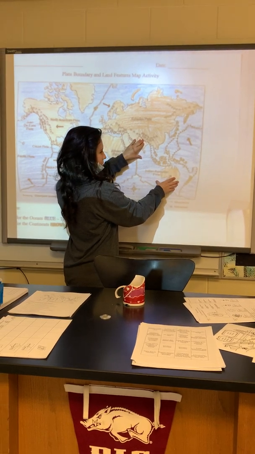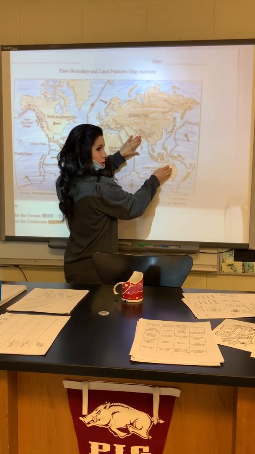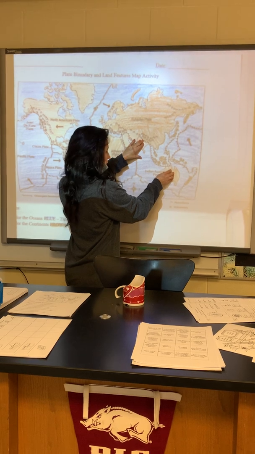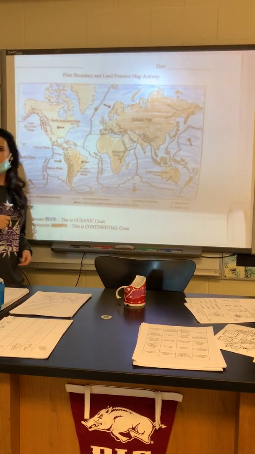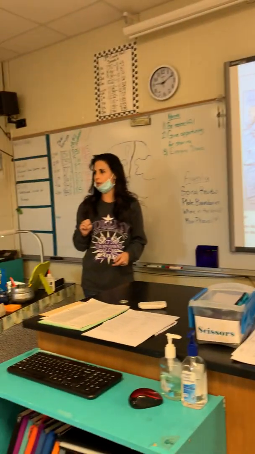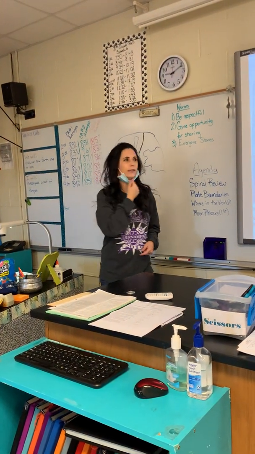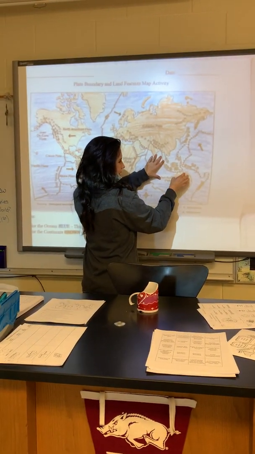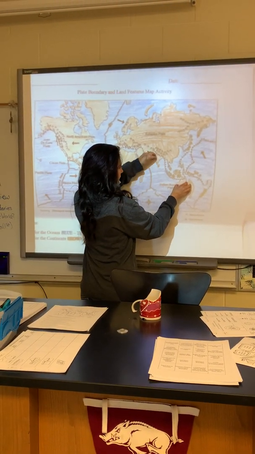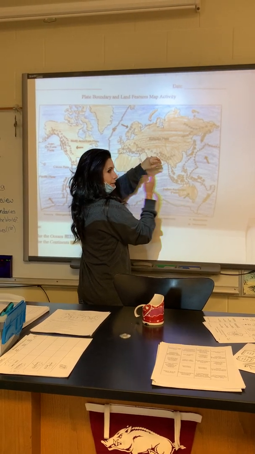Well, I have to find 2 brown spots. I have this land, which is called what? Australia. And up here, it's called what? India. So I have India and Australia. Do you see how I had to do that? I had to look at that whole plate, and I had to find where the 2 brown parts are. I have Australia here, I have India up here. Write that down for number 2.